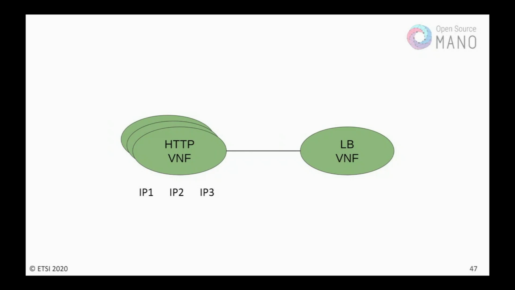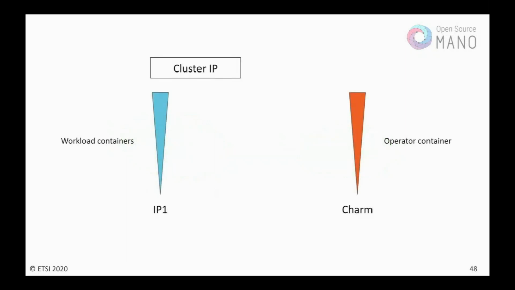Okay, and the cool thing is that if we do this with Kubernetes, it's slightly different because Kubernetes already offers some features that allow it to load balance. Okay, so imagine that we have the operator container that we saw before, that is the charm.